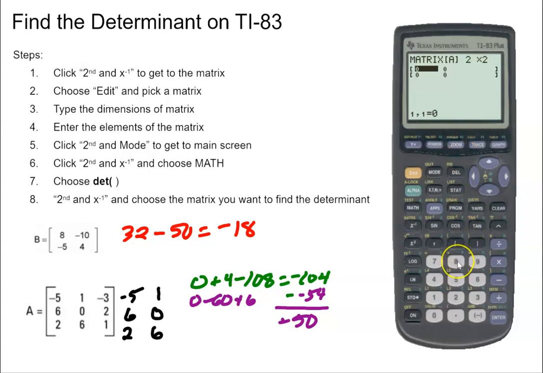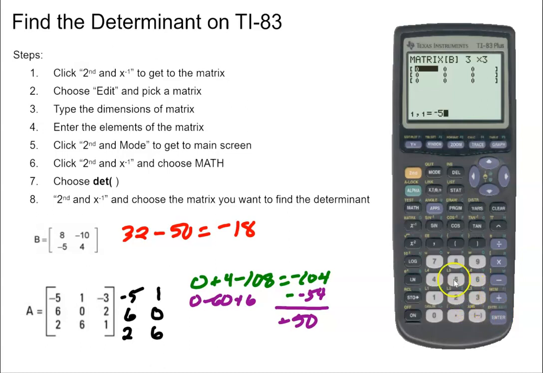And I'm just going to type the elements. So 8, negative 10, enter, negative 5, enter 4, enter. And I'm going to put the other matrix in as well. So I'm going to hit second, x to the negative first, and I'm going to edit the 3 by 3. So this one's already a 3 by 3. I'm going to edit the numbers.